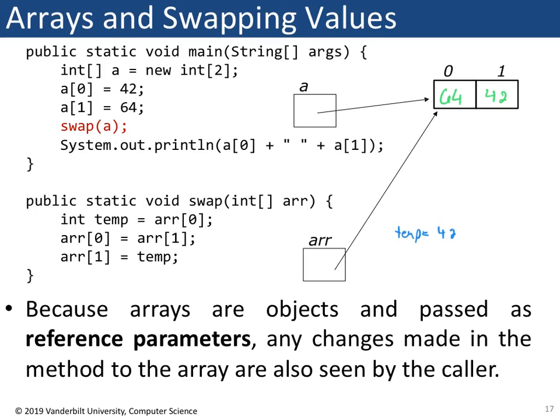So when we come back out to the main, we follow this address to that same location in memory, and we print out element 0, which is now 64, and then print out element 1, which is now 42. Any changes made in the method to which the array was passed as parameter will be still in effect when you go back out to the caller.